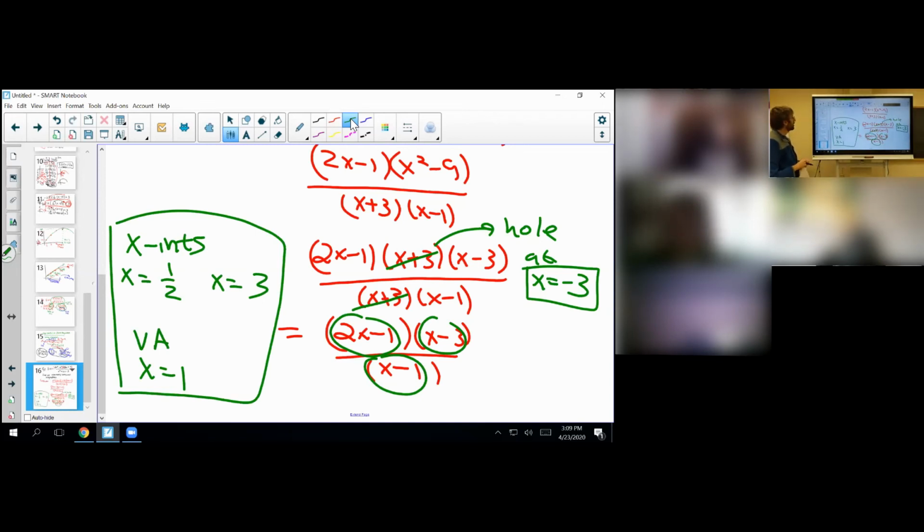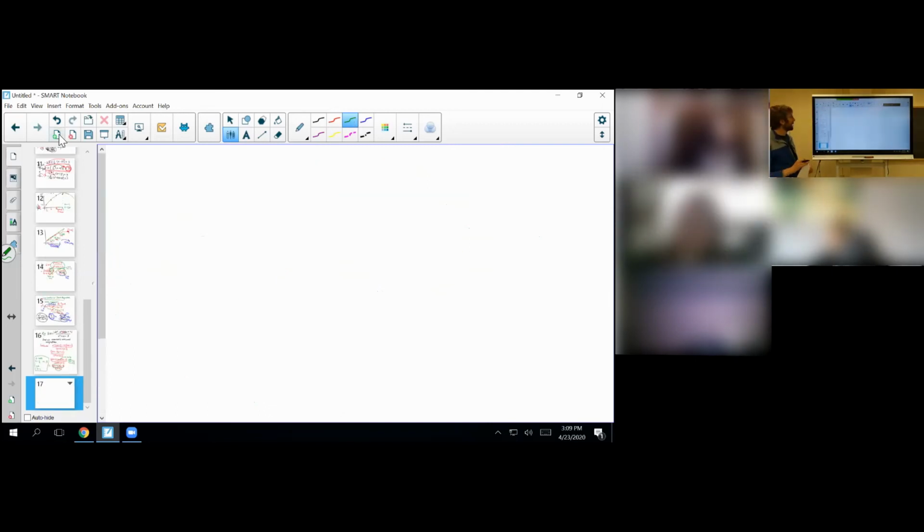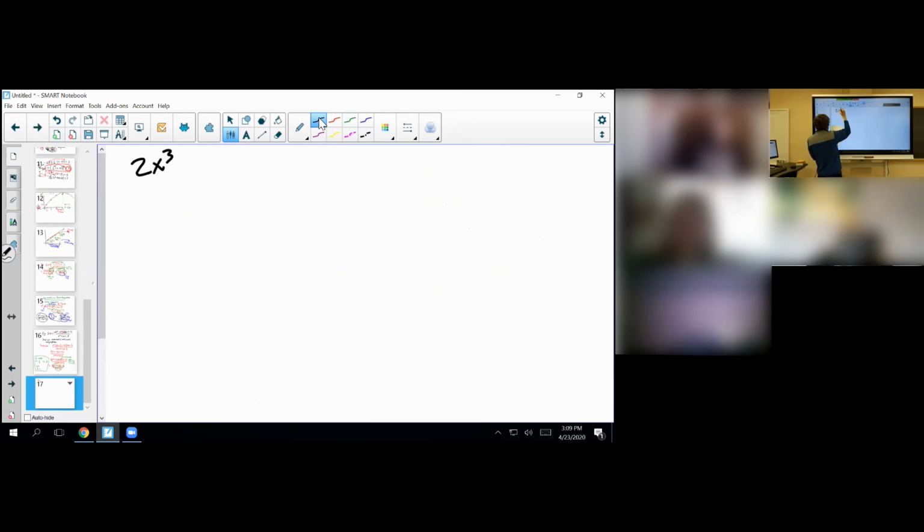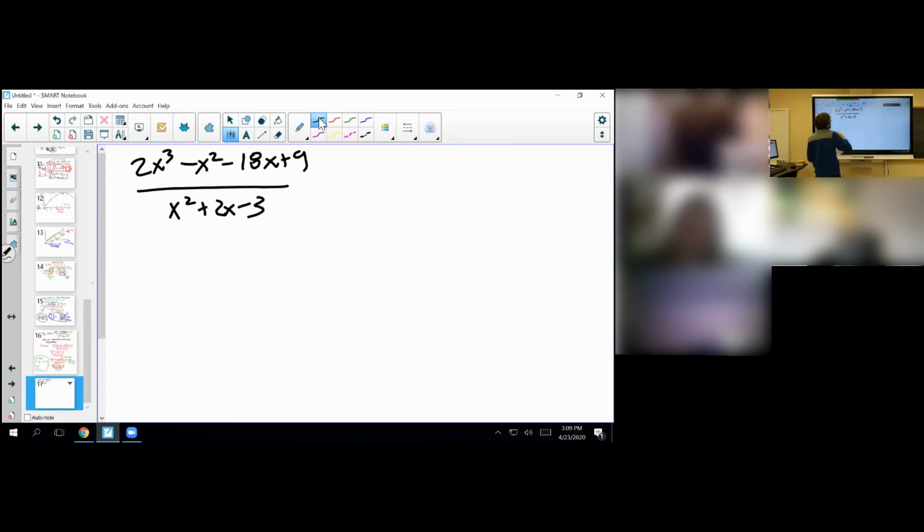The next thing to do is figure out the slant or horizontal asymptote. Now in this case, this one's actually going to have a slant asymptote. So the original problem was 2x cubed minus x squared minus 18x plus 9 over x squared plus 2x minus 3.